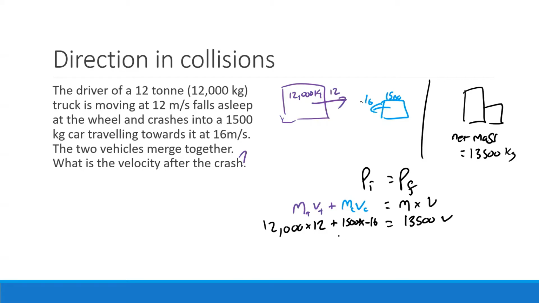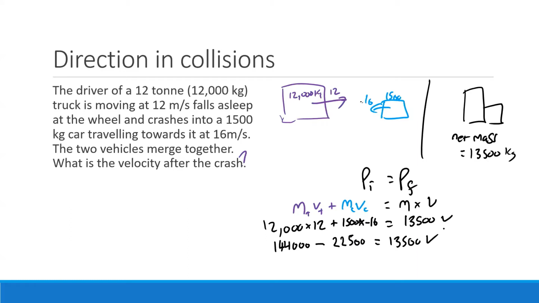Let's do some quick maths. 12,000 times 12 is going to be 144,000 in this case, kilogram meters per second, minus 15 times 1,500 gives us 22,500 kilogram meters per second. That equals 13,500 something.